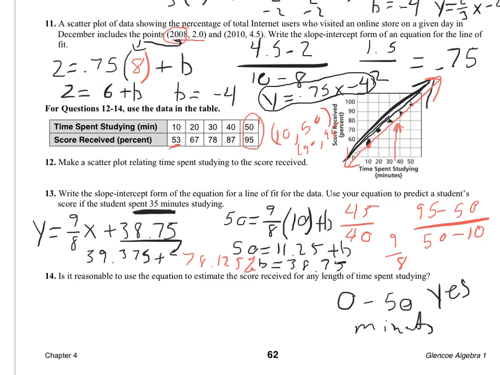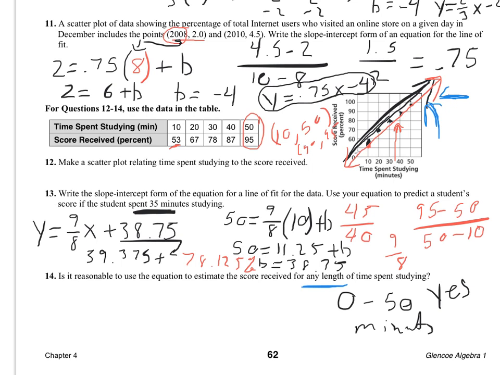After 50 minutes, right here, look what happened to the score received. I'm above the 100% threshold. So I would say yes, you can use it to estimate, but not for any length of time, because after a while, you can't do that anymore.